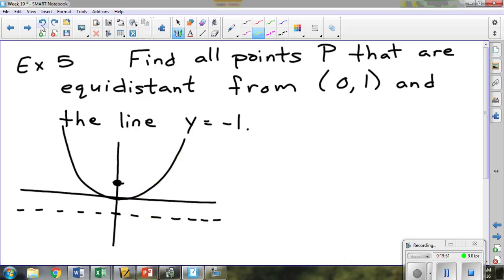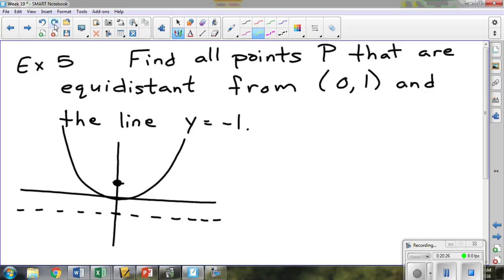The vocabulary here is not important for our topic, but this point is called the focus. This line is called the directrix, which is why I mentioned there are YouTube videos that explain this particular thing. But they go through basically the same process as what I'm mentioning here. The key feature we have to have is that there are two different types of distance.